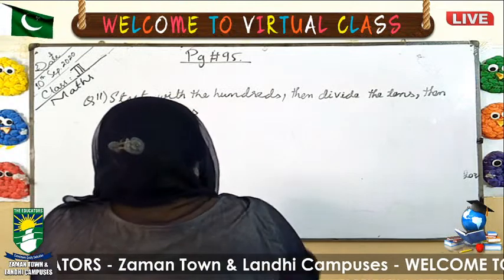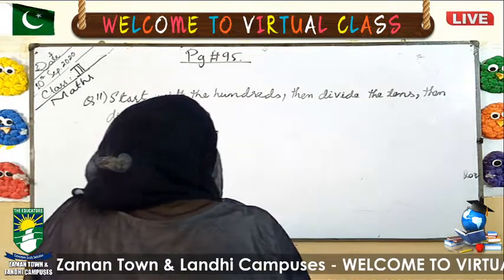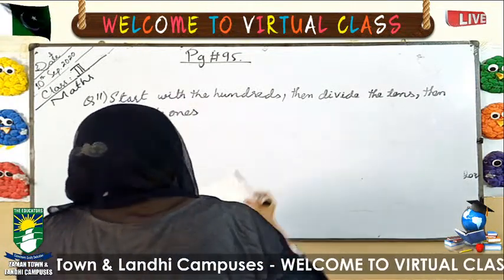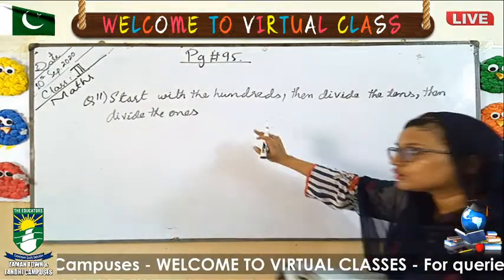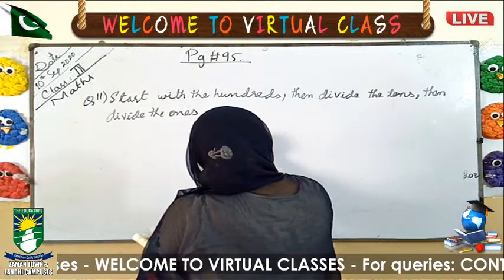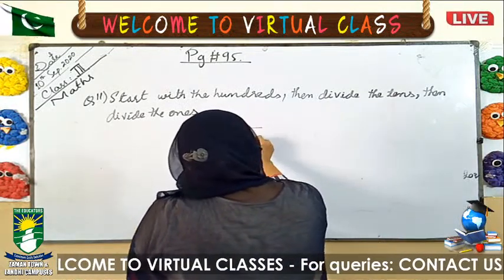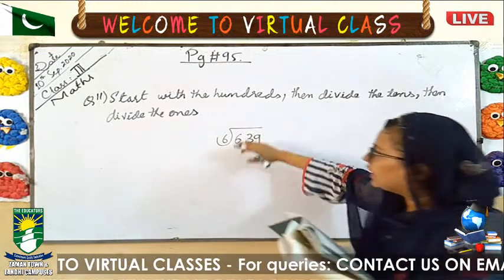Now start with the hundreds, and then we will move forward. Now first, for example, before we solve this exercise, the question you have is 6 and the inside value is 639. So how will you solve it?